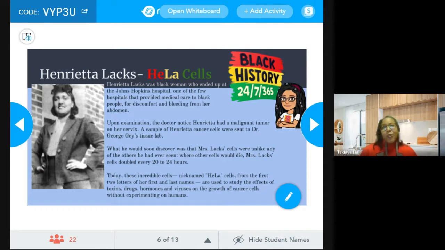The cells were in the end called the HeLa cells. The HeLa cells are what they use to study the effects of toxins, drugs, hormones, and viruses on the growth of cancer cells without experimenting on humans. Because of Henrietta Lacks, her cells opened that doorway for a lot of doctors to understand cancer biology.